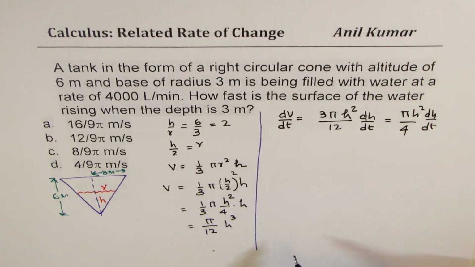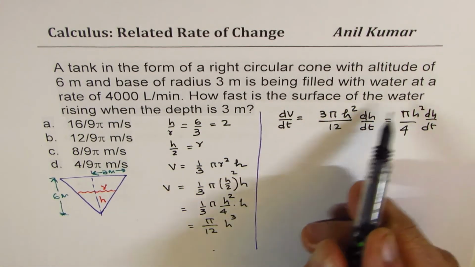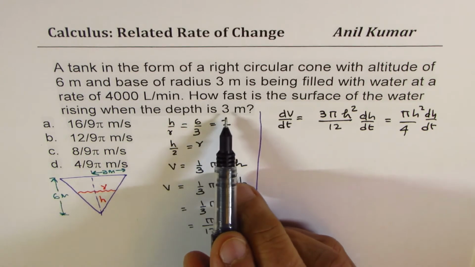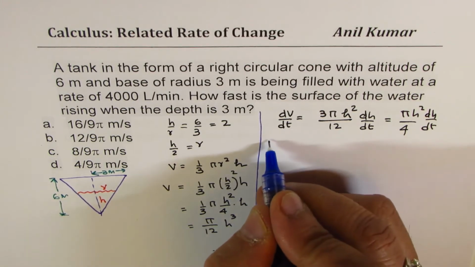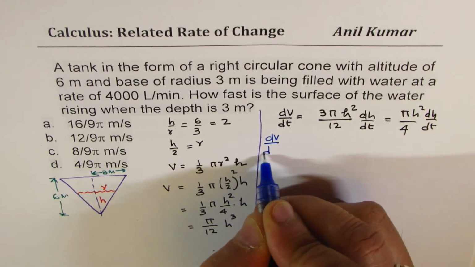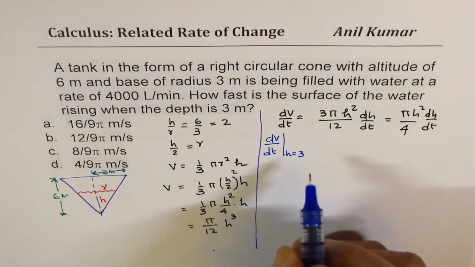The 3 cancels. We need to find how fast the surface of the water is rising when the depth is 3 meters. That means we need to find dh/dt when height is equal to 3 meters.